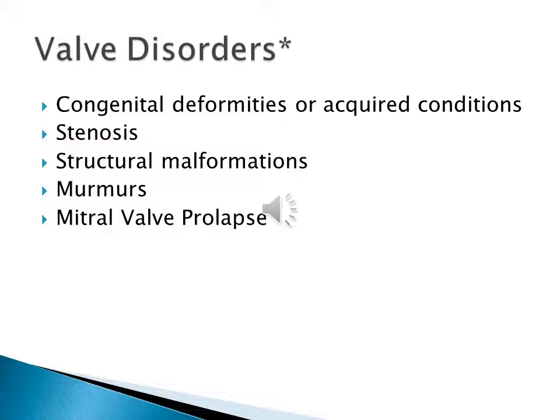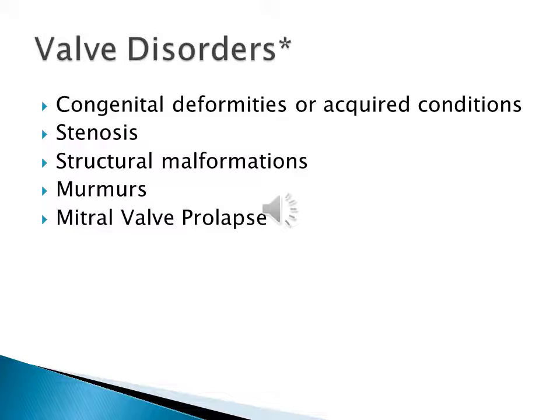Stenosis is one of the most common types of deformities, and all that basically is a narrowing of the valve. So the valve becomes more narrow, which obviously can obstruct the blood flow. There's also different types of basic structural malformations that occur at the valve. Many times it will be very common to hear murmurs, which are abnormal heart sounds when you're listening or auscultating the heart.